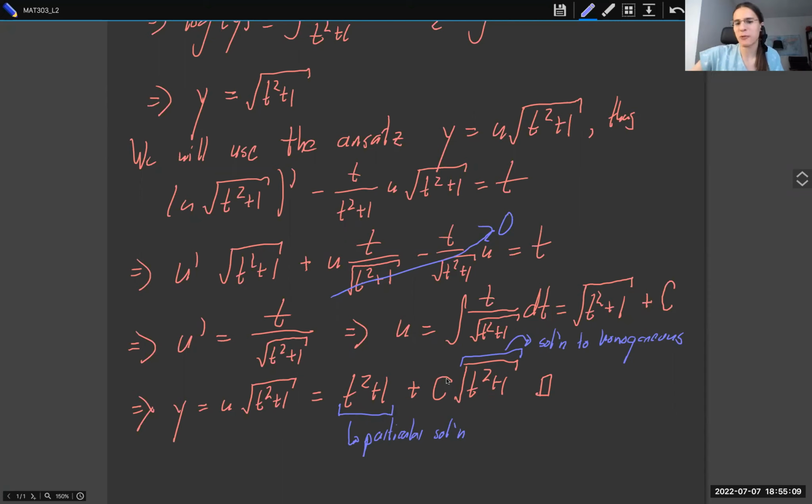In general, the number of constants is the degree of the equation. So in a degree n equation, there would be n linearly independent solutions to the homogeneous equation. If you know some linear algebra, we're going to explain what that means later. But we're not doing higher order linear equations, and we will do higher order linear equations soon. And there will be some fun things involved with that.